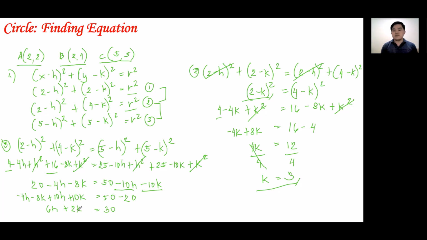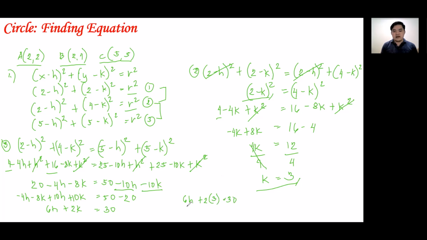We're going to substitute the value of k here, so therefore this is now 6h plus 2 multiplied by 3, so that is 6 is equal to, sorry, I cannot write anymore here, so let's undo and we're going to continue here. So that is now 6h plus 2 multiplied by 3, so that is now 30.